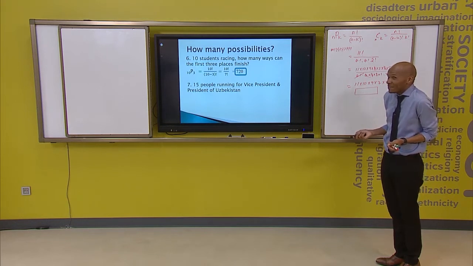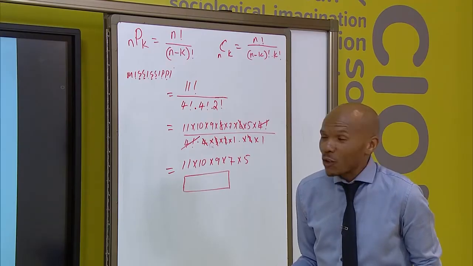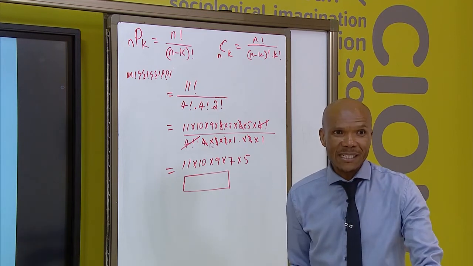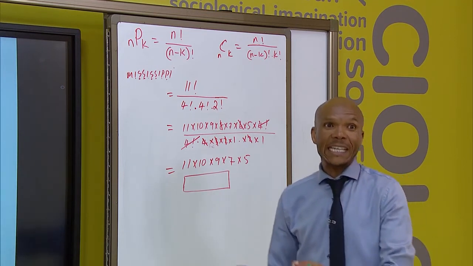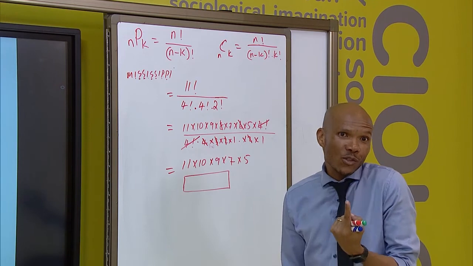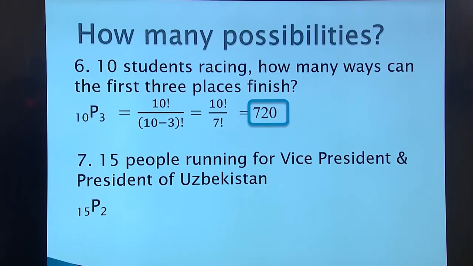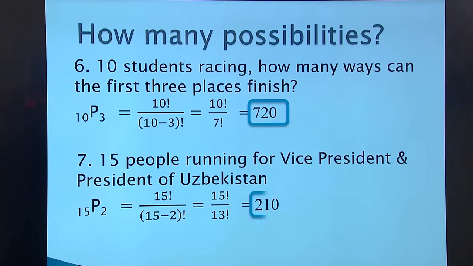Yes, it does. Because once you choose the president, you're not going to have the president again standing for the vice president. You're going to choose the president once. So since it is permutation, we're going to use the permutation formula, which is 15P2, and 15 factorial divided by 13 factorial will be 210 ways.